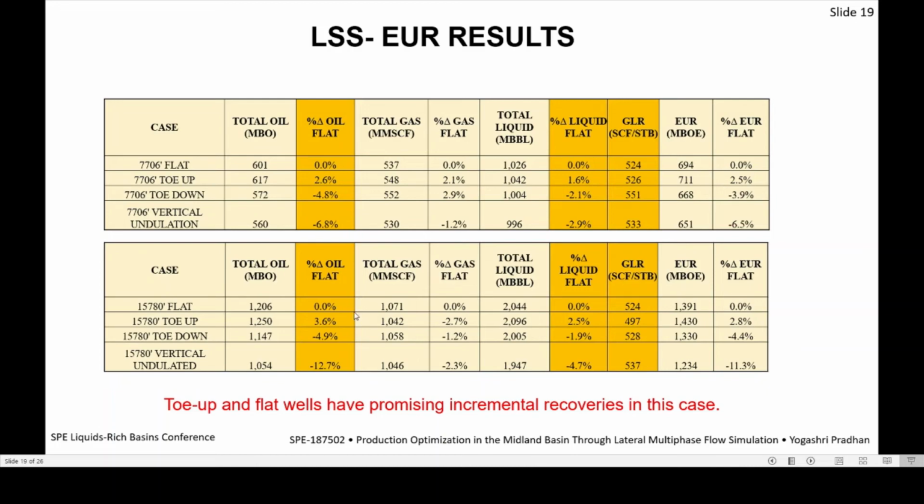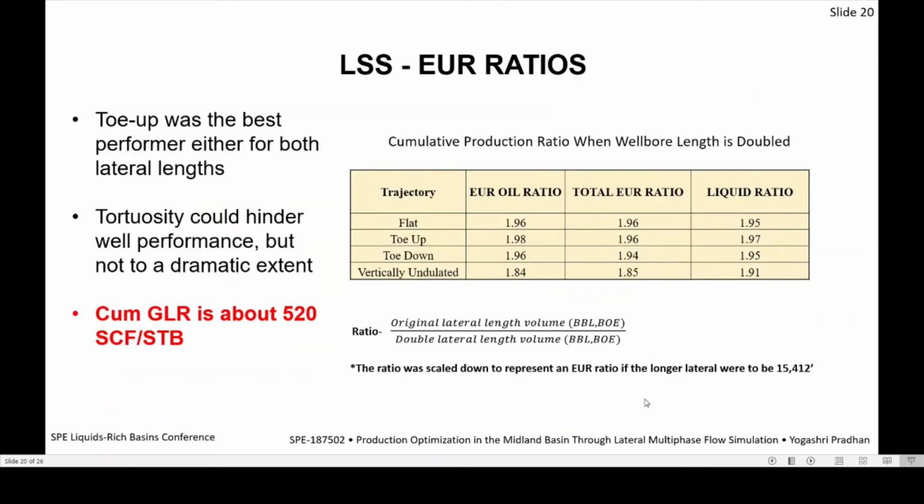The results were even more emphasized in the 3-miler case, where the undulated case was the farthest away from the flat case, and your toe up had significantly better results in cumulative production and lower DLRs. So the toe up was the best performer for both lateral lengths.